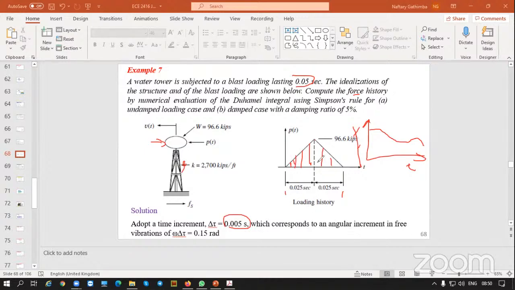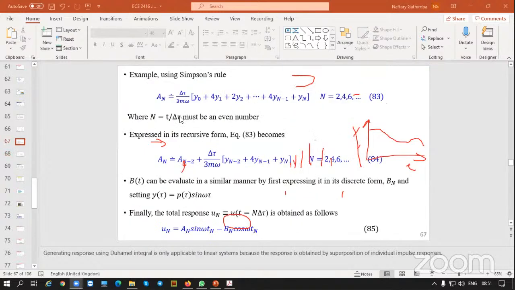This is just the normal procedure that we follow when we are using Simpson's rule. You can see how we evaluated AN, and we are going to obtain what is BN.